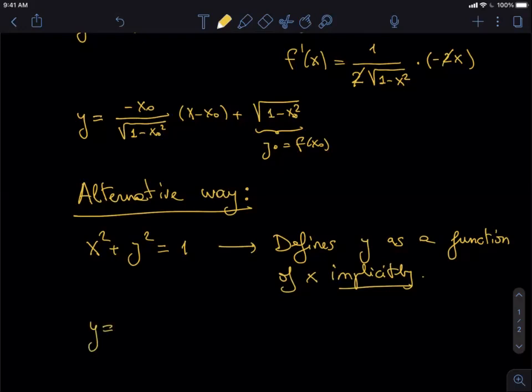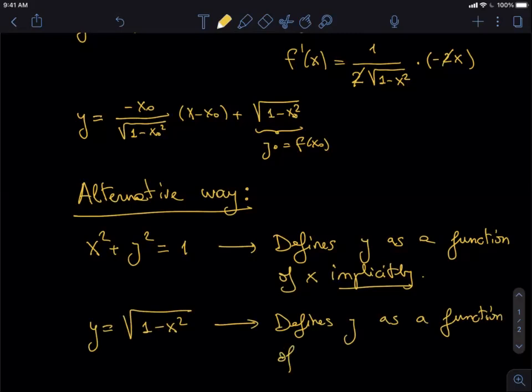If I write y equals square root of 1 minus x squared, this defines y as a function of x explicitly. Okay, here there is nothing to solve for. It's already written. Y equals, boom.